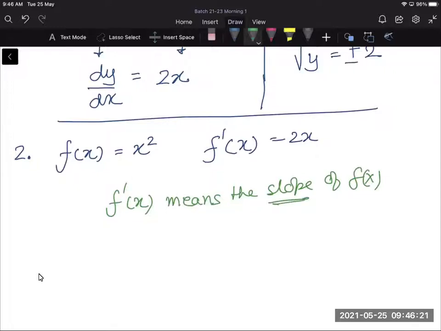There are different words for slope as well. Mathematicians like to use them. I will only be using slope. Sometimes I may use these other words, so I must tell you what these other words are.